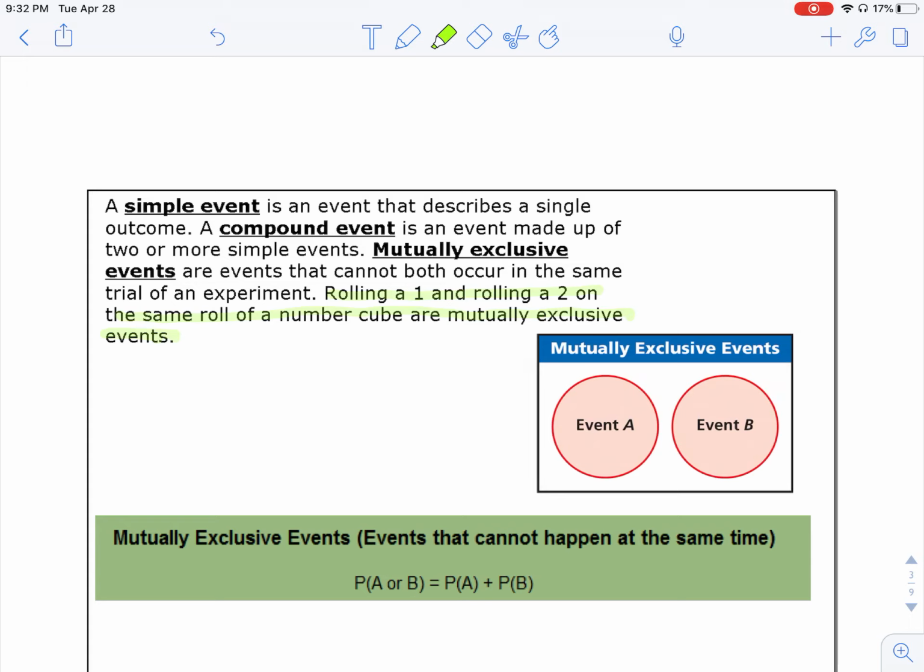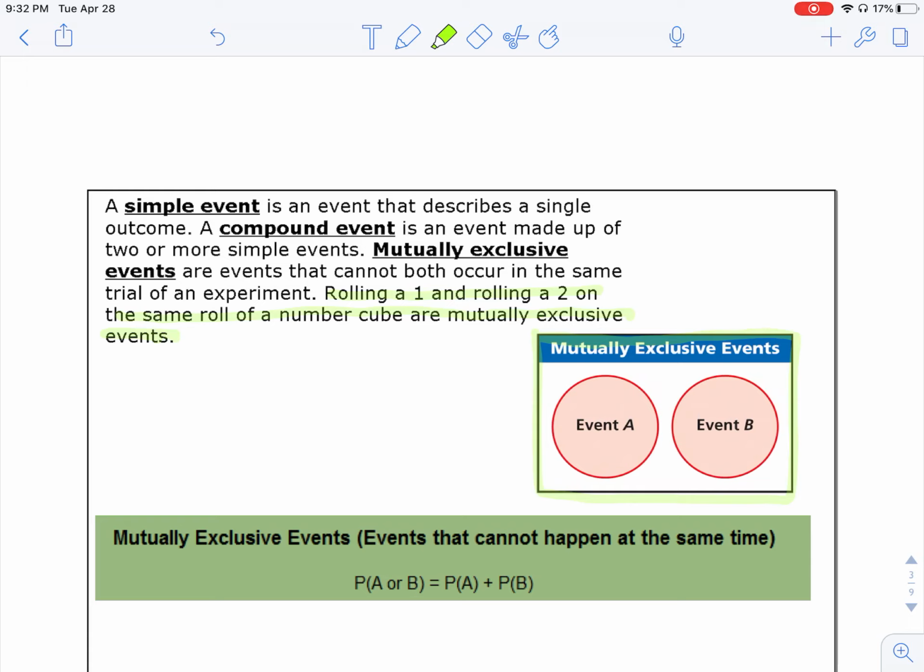And if you look at the Venn diagram over here, that's what these things are. These are Venn diagrams. I'm pretty sure you've seen them before. But if you haven't, that's referring to this diagram with this rectangle and these two circles. The one circle represents event A, and the other circle represents event B, and there's no overlap.